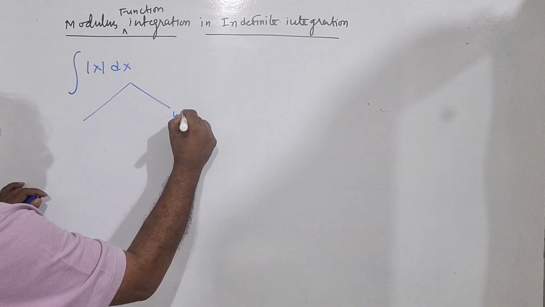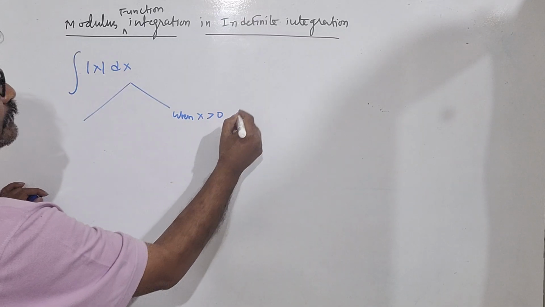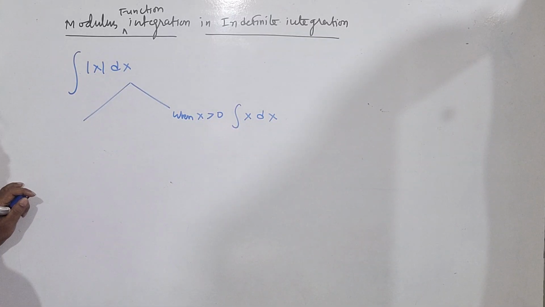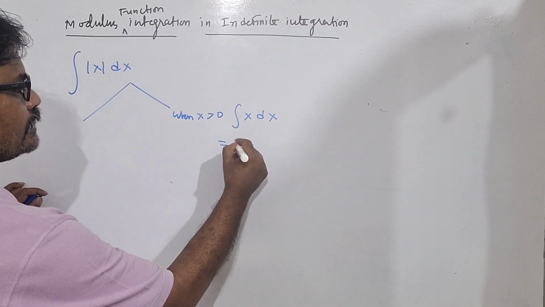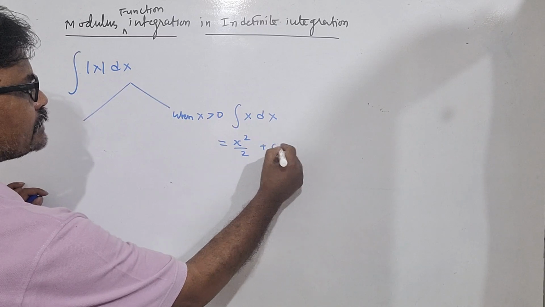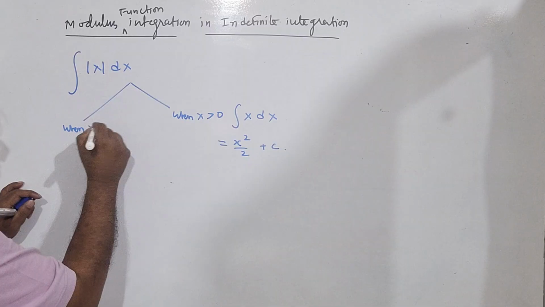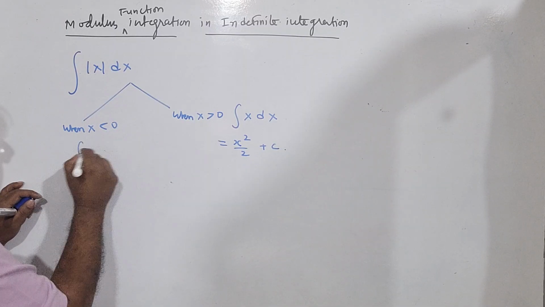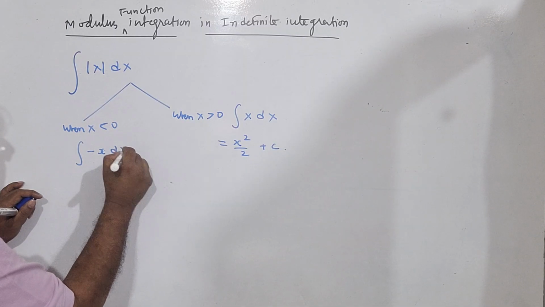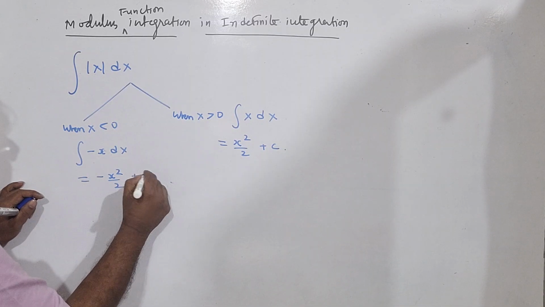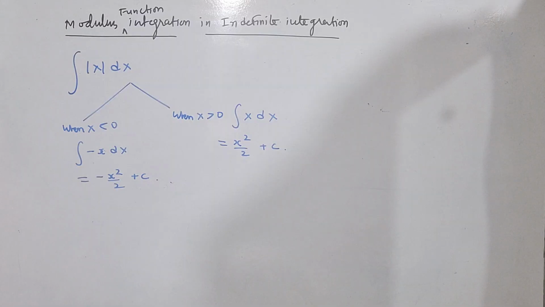When x is greater than 0, then it is the integration of x dx, and that is simple, x square by 2 plus c. Okay, when x is less than 0, then it is integration of minus x dx, and this is minus x square by 2 plus c. That is simple. Correct? Fine.